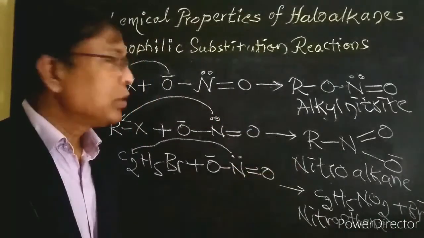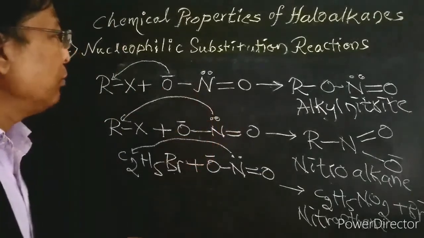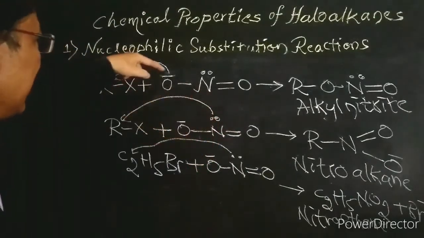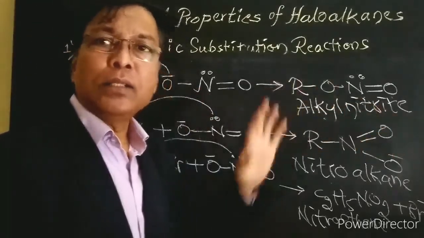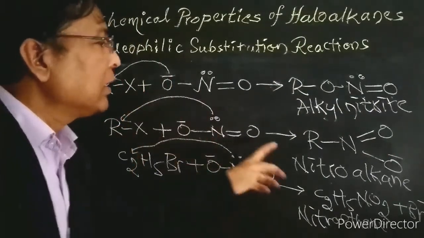I repeat, NO2 is an ambident ligand because it has two nucleophilic centers. If the linkage takes place through oxygen, we get alkyl nitrites. If the linkage takes place through nitrogen, we get nitroalkanes.